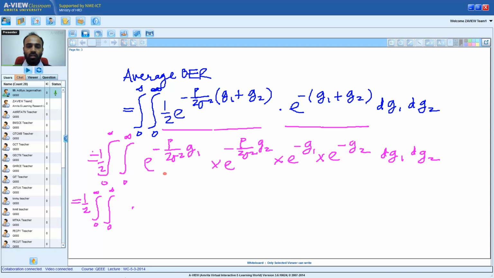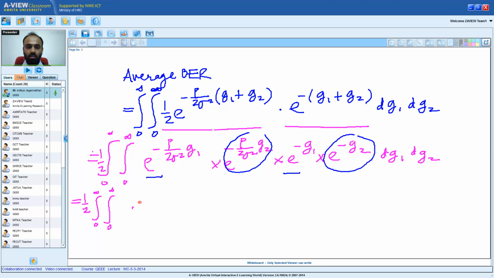Now collecting the terms, these two terms correspond to G1 while these two terms correspond to G2.